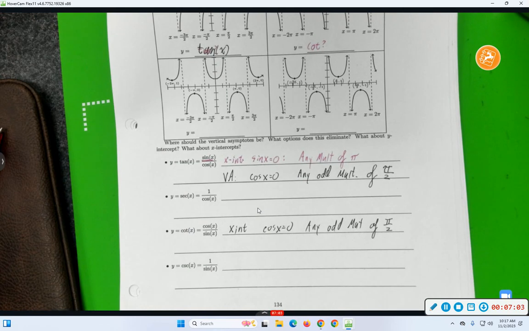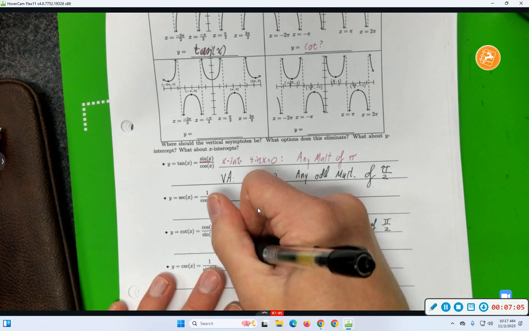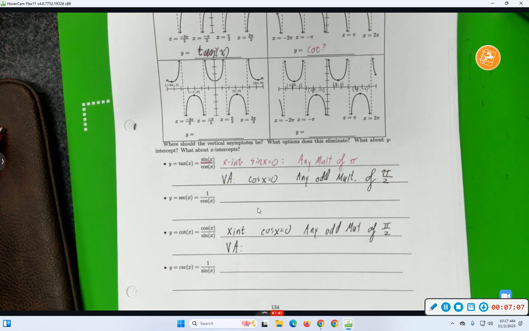All right. How about vertical asymptotes? What should I set equal to 0 to get vertical asymptotes of tangent? Nope, cotangent. Sine of x.